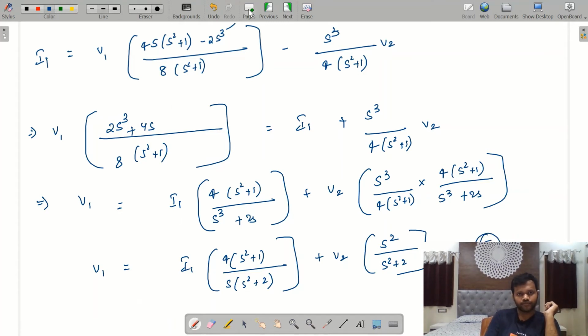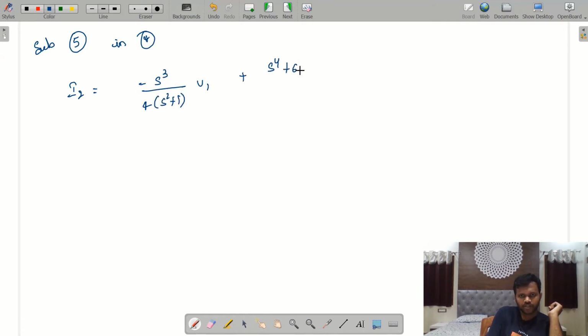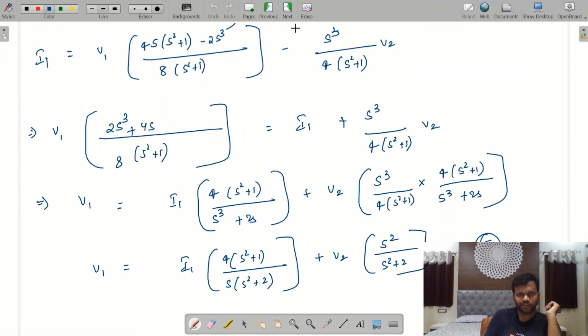Right, now substituting 5 in 4. So what is the fourth equation we have? We have the fourth equation as I2 equal to minus S cube by 4 into S square plus 1 into V1 plus S power 4 plus 6S square plus 4 divided by 4S into S square plus 1 into V2, right? So in place of V1 I am going to substitute this equation 5.